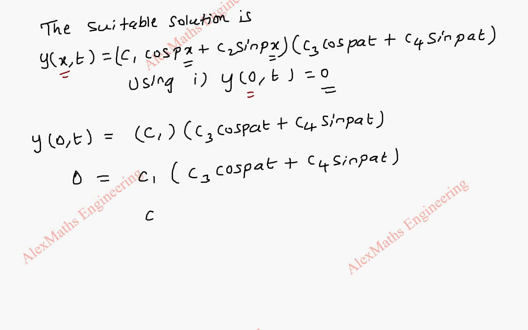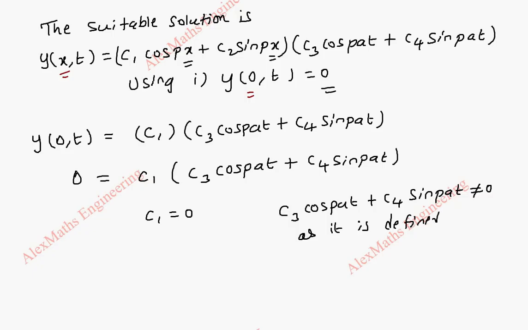Now c3 cos pat plus c4 sin pat cannot be 0 as it is defined for all t. Therefore, the only option is c1 equal to 0.